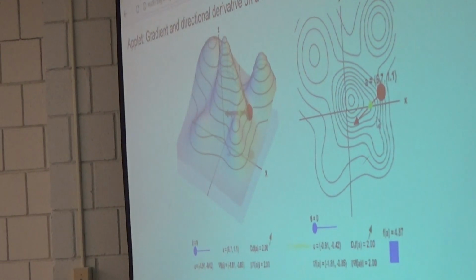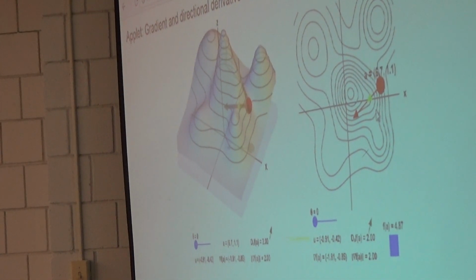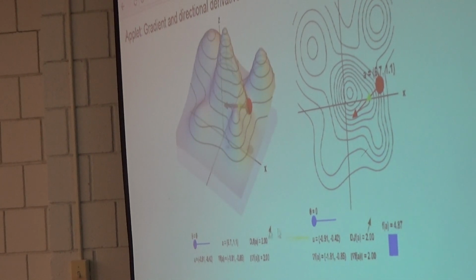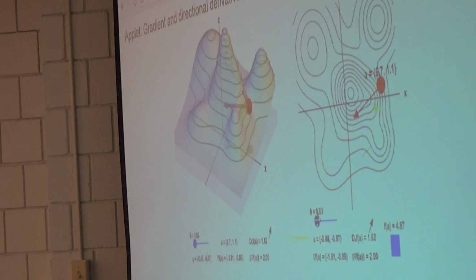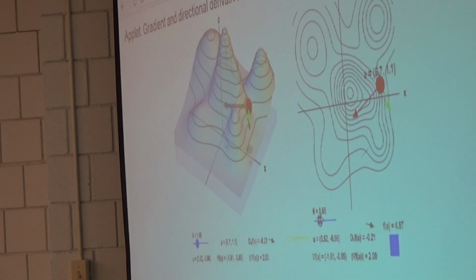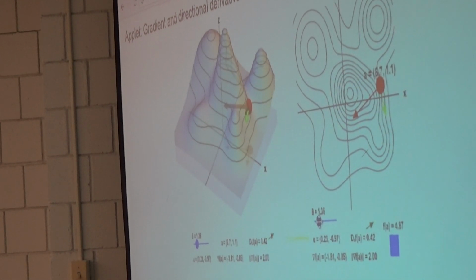Watch the gradient vector will always remain perpendicular at the point of tangent, no matter what. Does that red vector change at that point? That red vector is the gradient vector. This other color, I'm colorblind, what color is that? Green? Yeah, that's the directional vector.